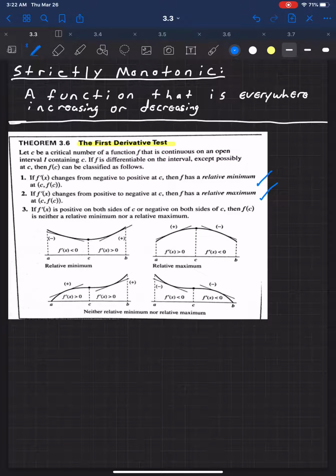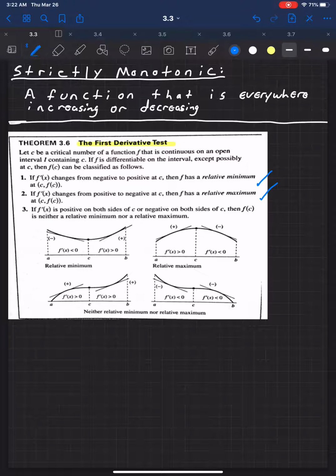We'd have to require that our function is continuous on some open interval. Now, continuous means you should be able to draw it without ever lifting your marker, without ever lifting your pencil. And we require that the critical number be somewhere in that interval.